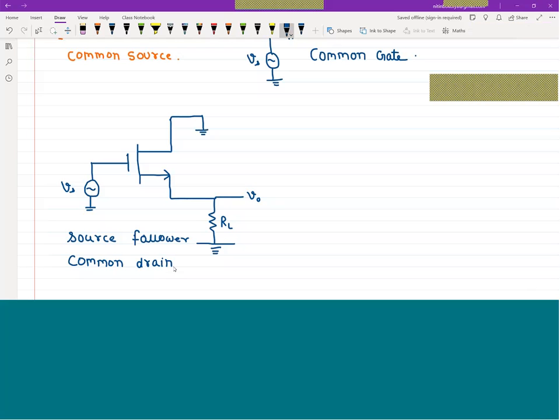So let's start. Like we had the re model in the bipolar junction transistor, the same we are having, the re model or T model here.